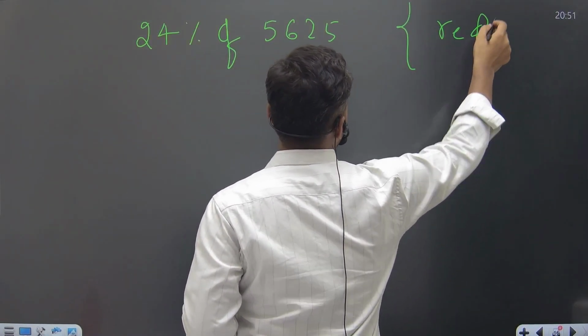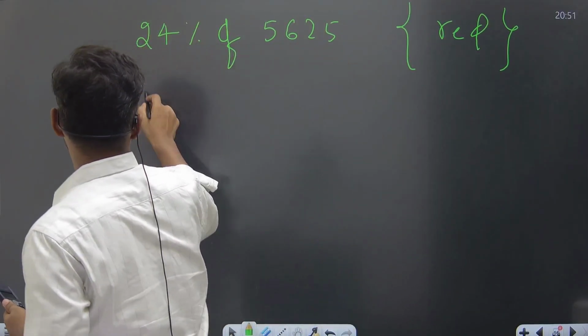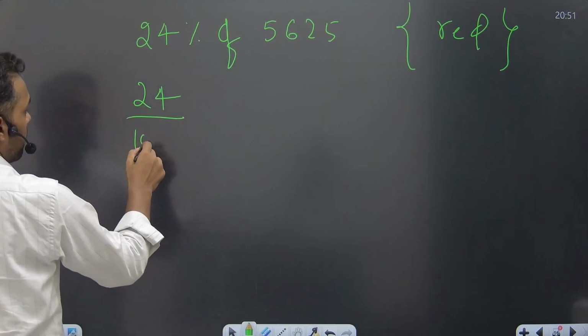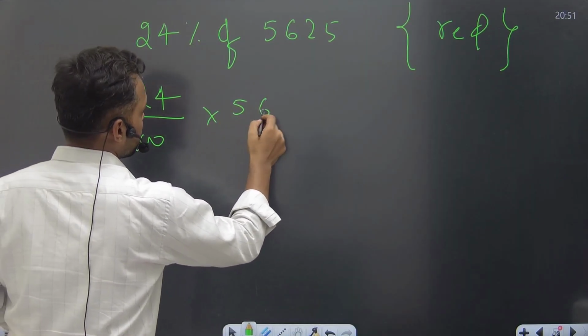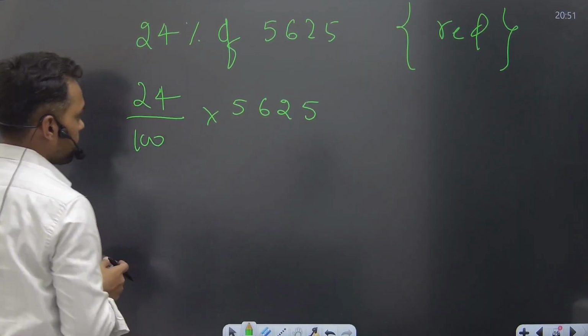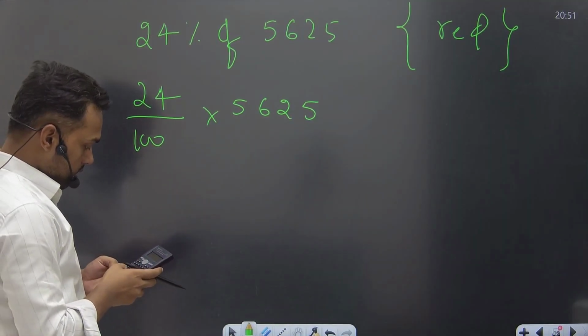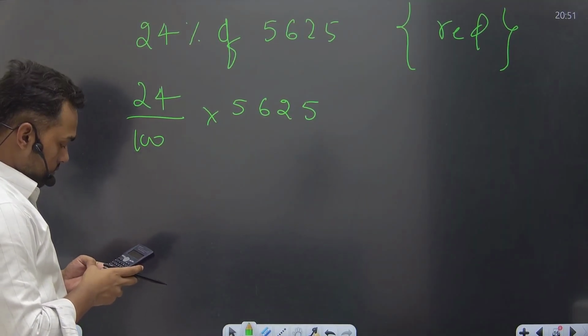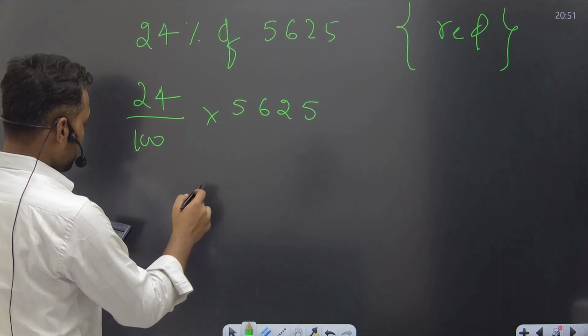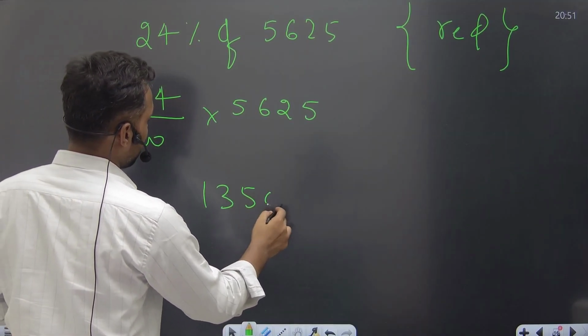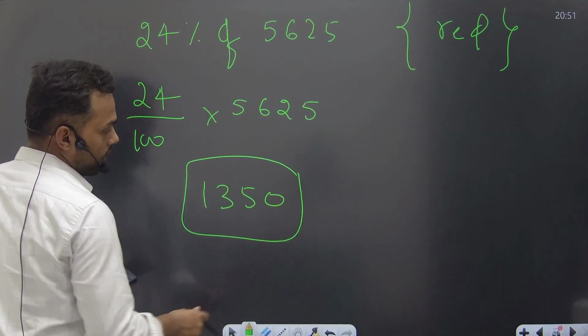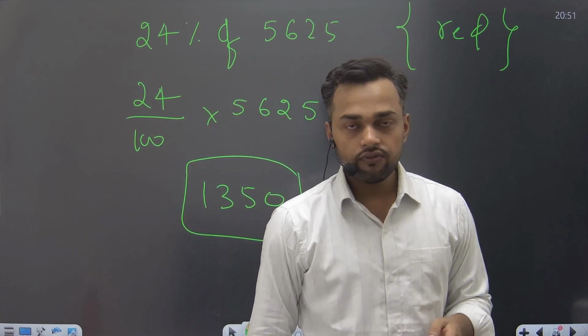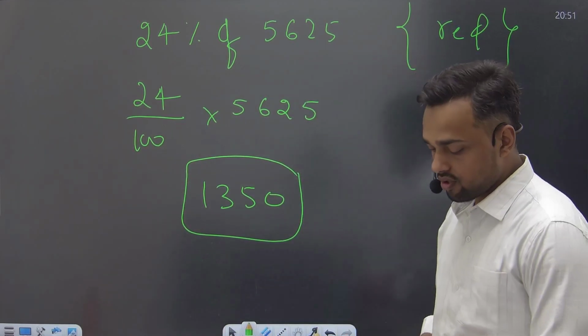So we just need to take out the percentage here. It will be 24 upon 100 cross of 5625. We just need to divide it. You will get 0.24 times 5625, that is 1350. You can take the help of the calculator. So 1350 cars manufactured here are red.